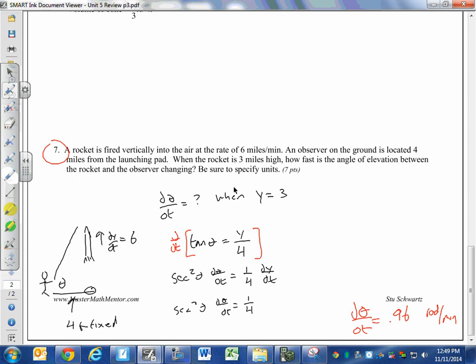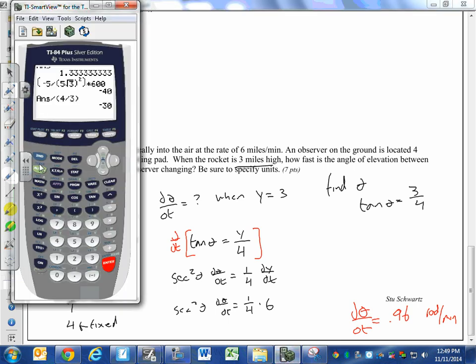I know dy dt is 6. I need to find theta, so that's the last thing we have to do. I'll use tangent of theta is equal to the y distance when the rocket is 3 miles high, 3/4. Tan inverse, I'll go back into rad mode.